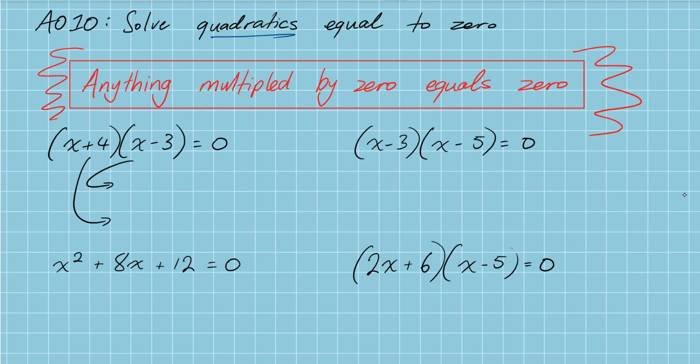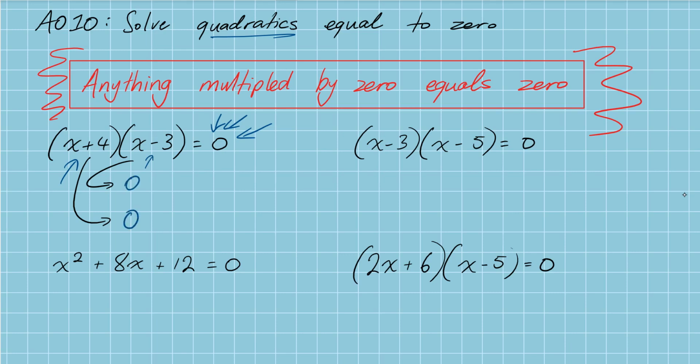So let's have a look at an example. Let's have a look at our first example. It's this question here: x plus 4, x minus 3 equals 0. Now the 0 here is really important. It tells us something important about our brackets. What it tells us is that either this first bracket or the second bracket equals 0.